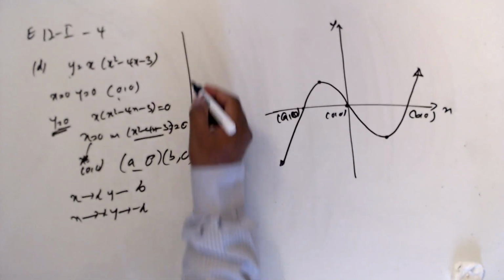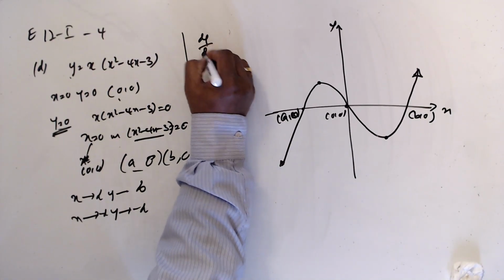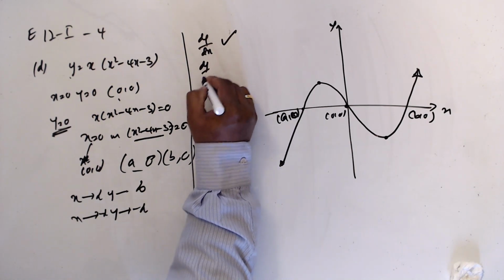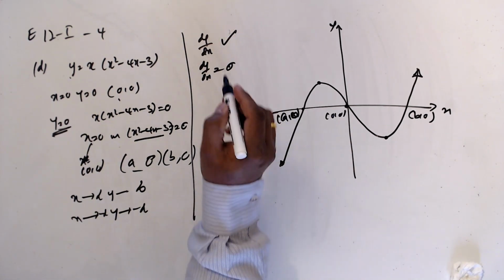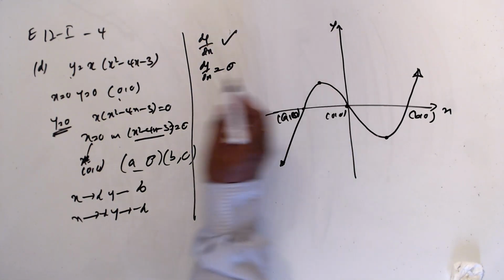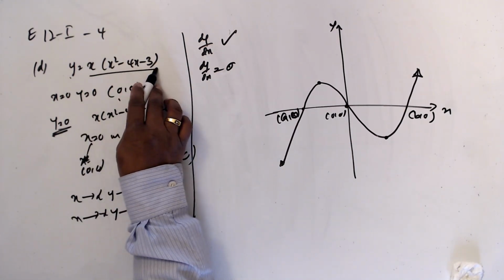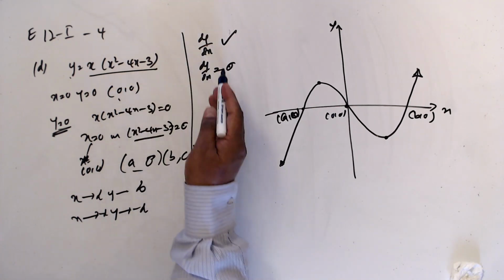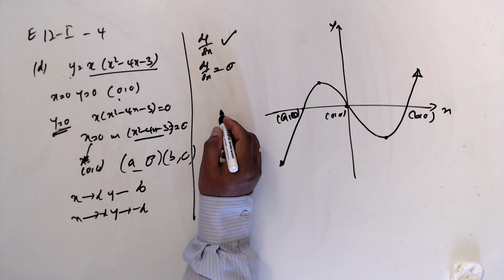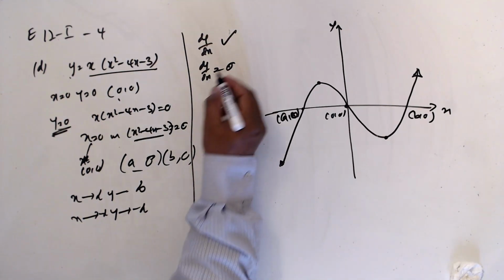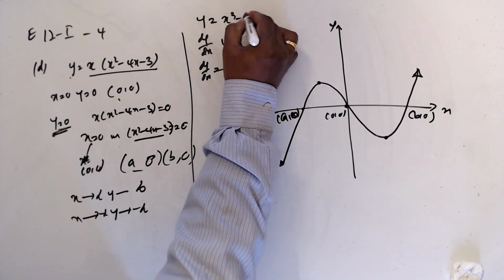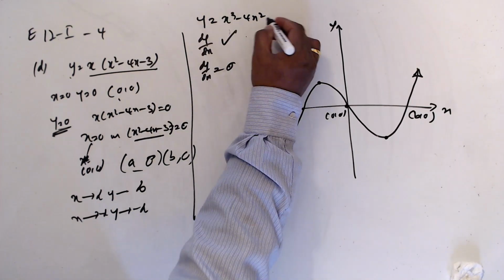How do we find the minimum and maximum? We want to find dy over dx. Then dy over dx equals 0, and we will get the answers according to the equation. So this is a cubic equation. Differentiating a cubic, you will get a quadratic. It means there are two answers. So y equals x cubed minus 4x squared minus 3x.